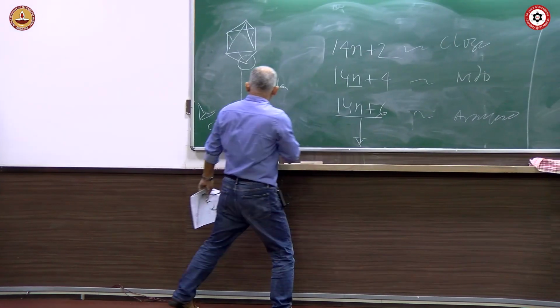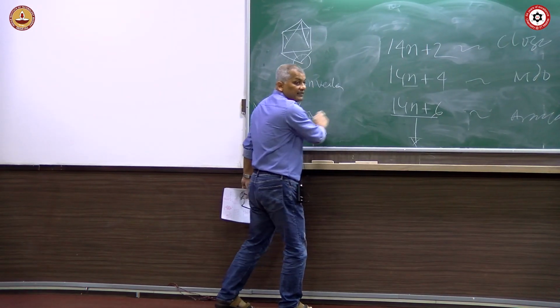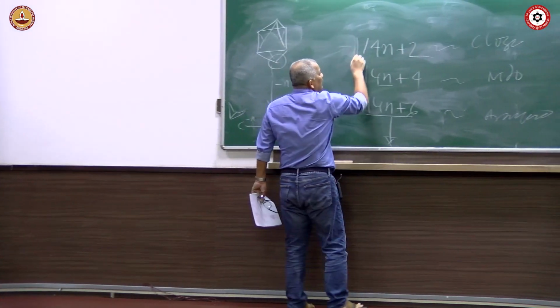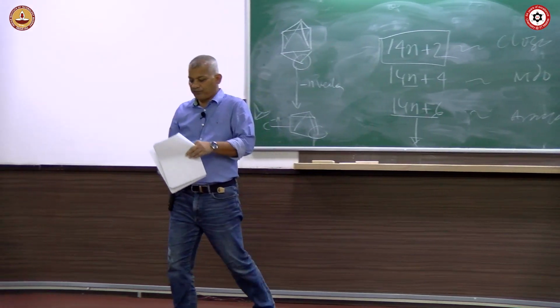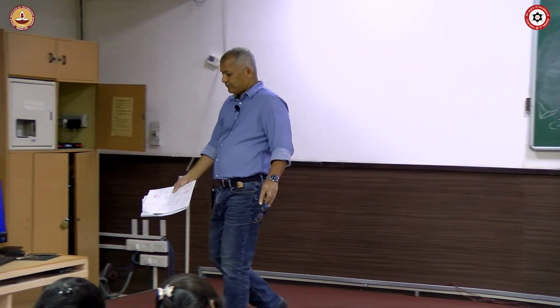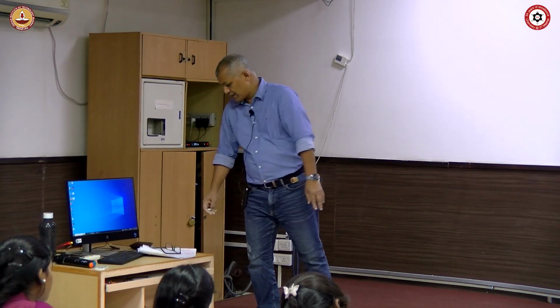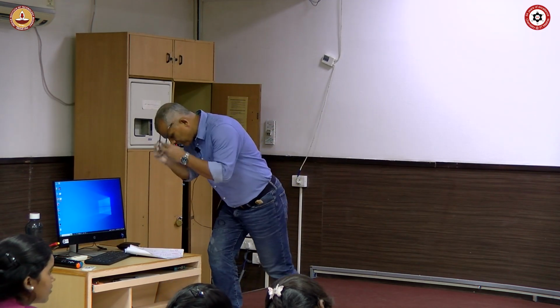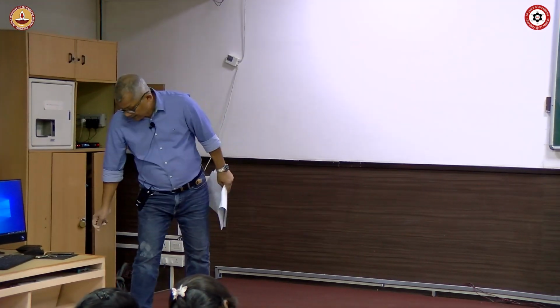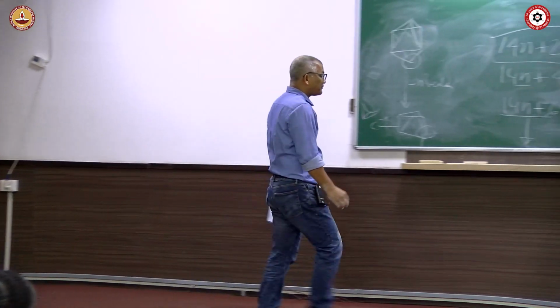You know, if you remove one more vertex, you get this 14n plus 6, that is arachno. Now 14n plus 2, n equal to 12. What is the geometry? And what is the electron count? 12. I'll give you the example.